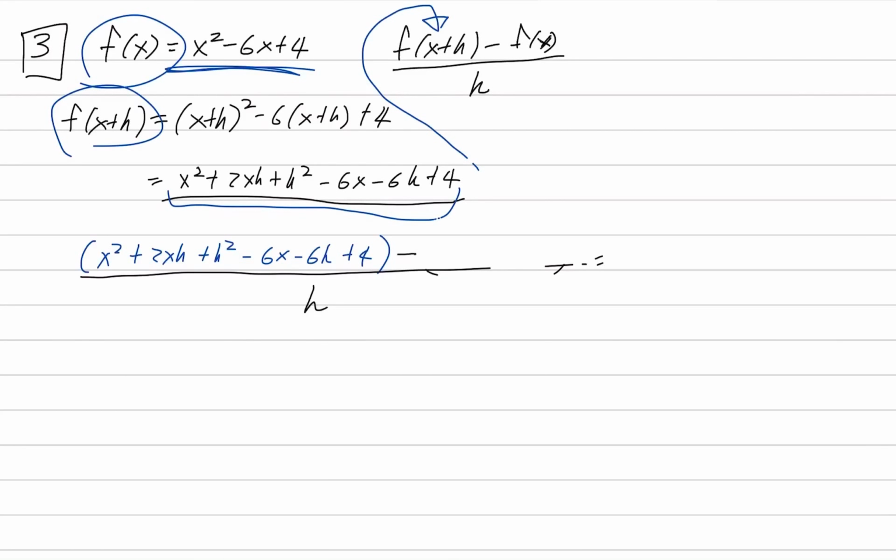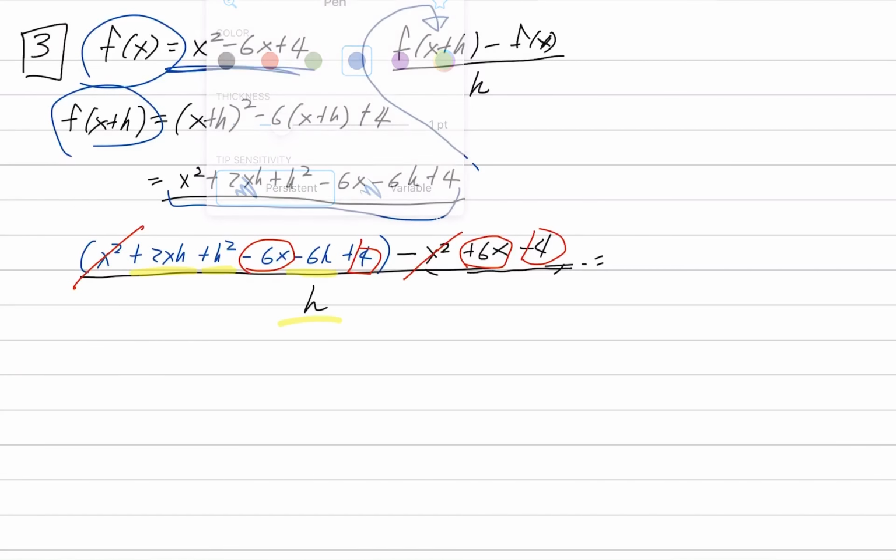So then we collect like terms and cancel things out. So x squared cancels out x squared. Negative 6x, positive 6x cancels out. Positive 4, negative 4 cancels out. So we are left with 2xh plus h squared minus 6h over h.